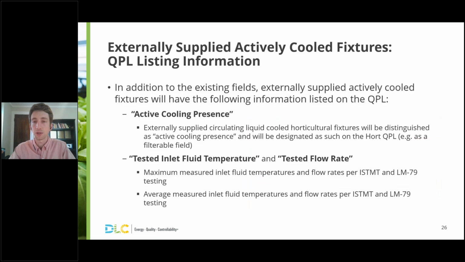In terms of the QPL listings, it'll display whether or not the product has an actively cooling presence or that externally supplied functionality. And then also it will include the tested performance based on the test report submitted.